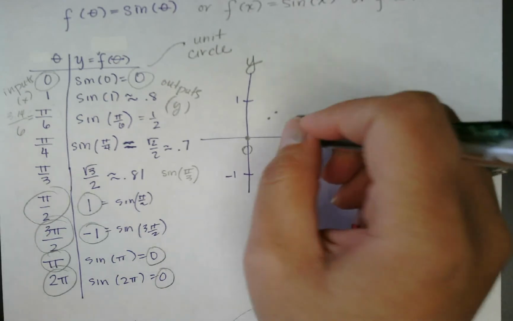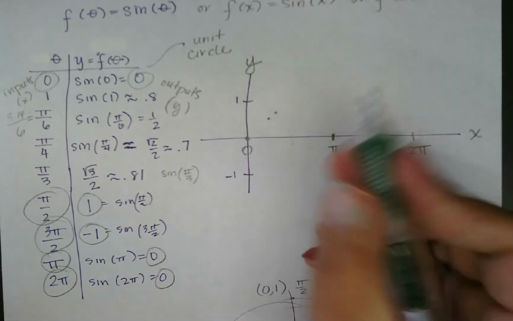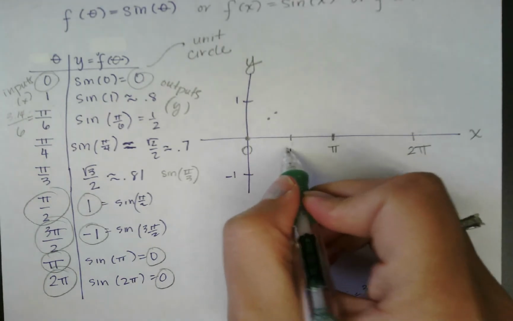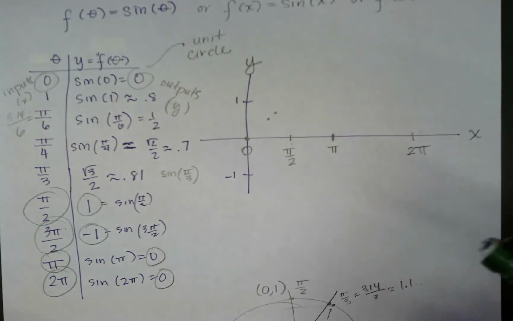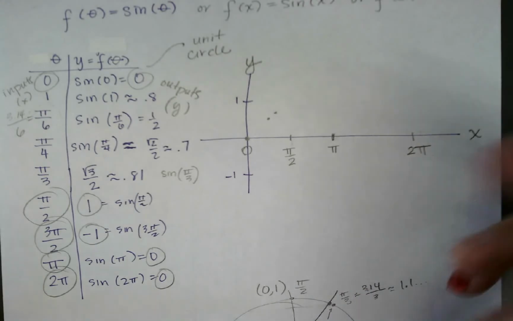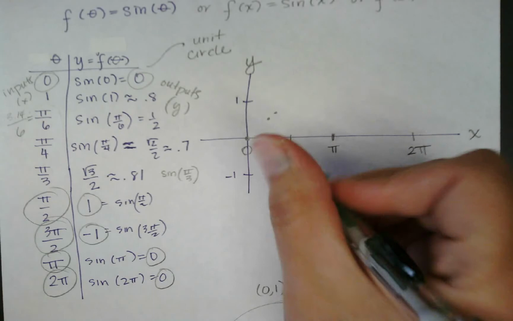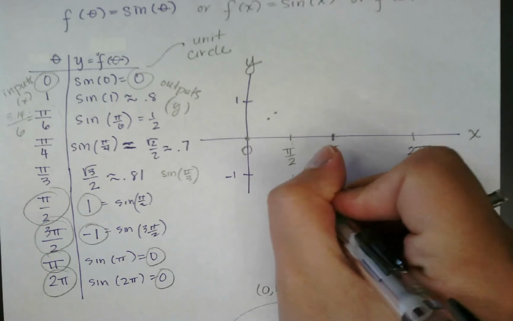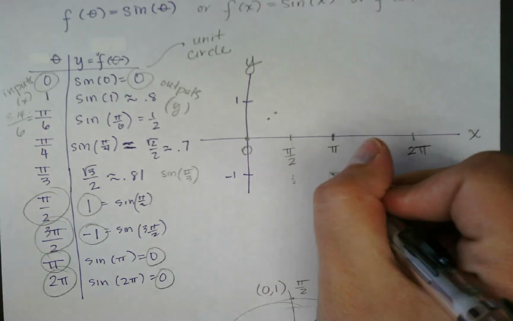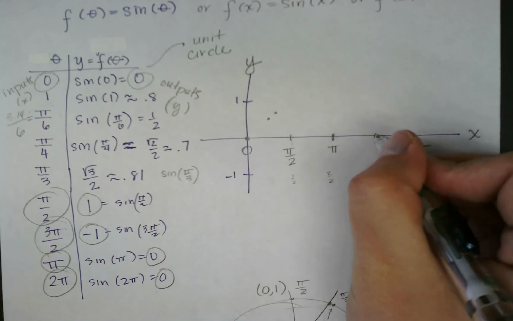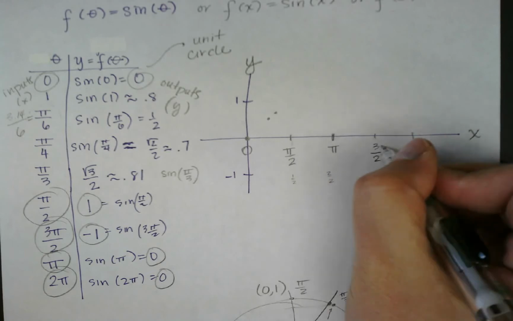Oh, I didn't put this to scale, but whatever. Not whatever, but pi over 2. Okay. My points aren't to scale because of how I did this. Half of pi is pi over 2. And then, if this is 1/2, okay, this increment is 1/2, this is 2 halves, that means this is 3 halves, or 3 pi over 2.